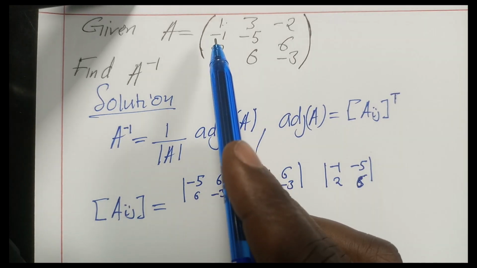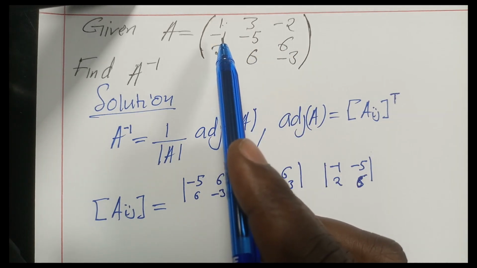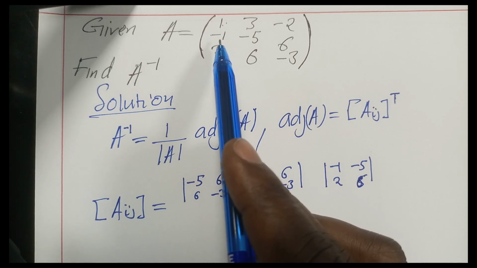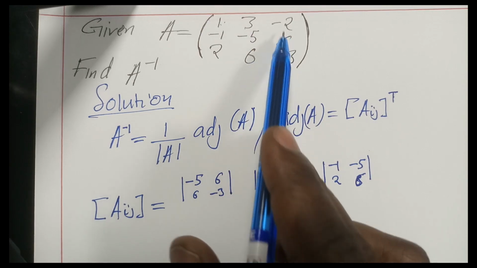Go to the second row, so find the minor for this element, negative 1. You delete this row and this column, you remain with 3, 6 and negative 2, minus 3.